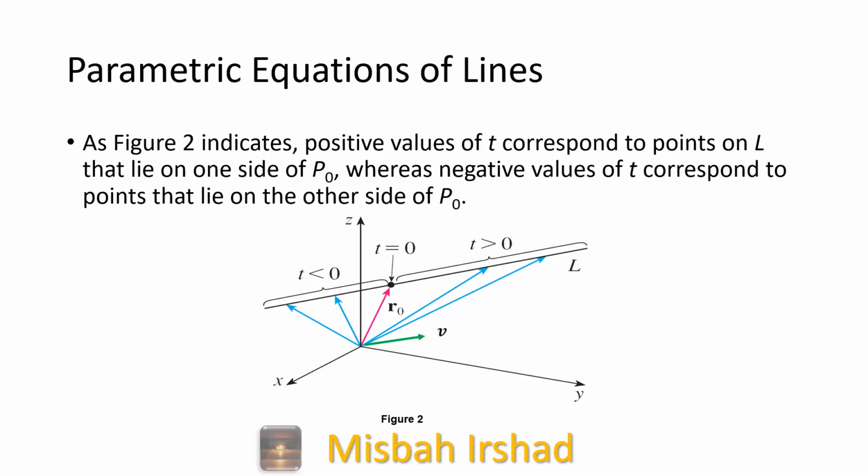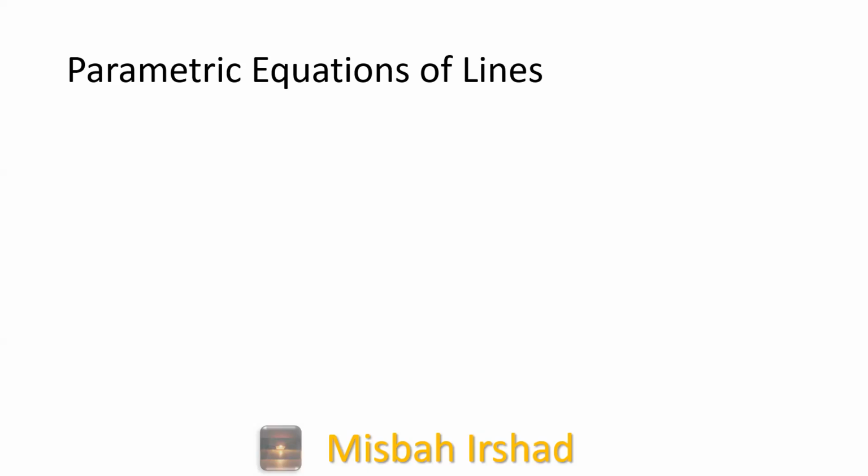So if t is greater than 0, it moves us in the direction of the vector, and negative values of t move us in the opposite direction. And when t is equal to 0, we are at the point P naught, which is the starting point.